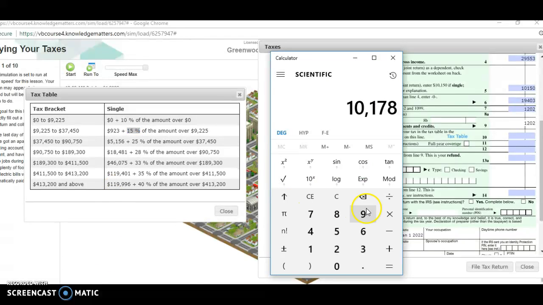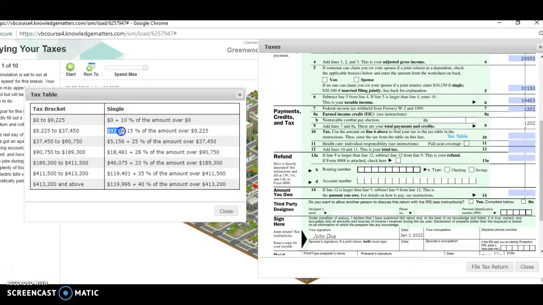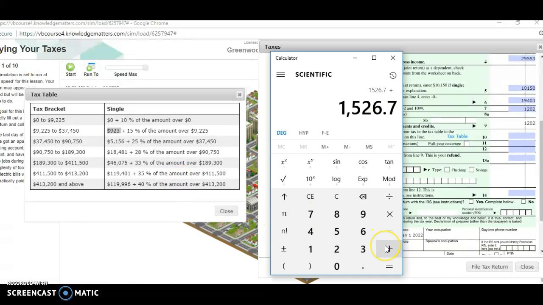So go ahead, multiply that amount by 15% or 0.15, and we know in bracket number 2, we need to pay $1,526.70. But you can't forget to add back in bracket 1, which was a total of $923. So let's add in our first bracket of 923 to give us a total of $2,449.70.